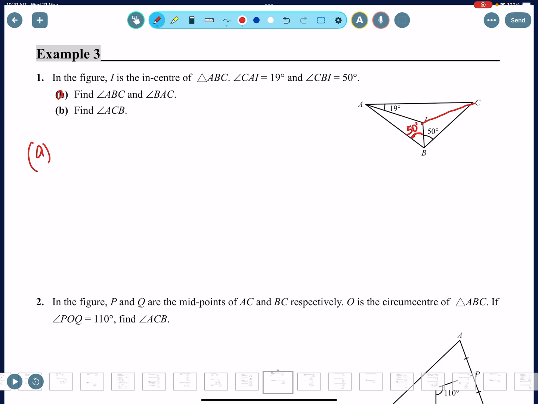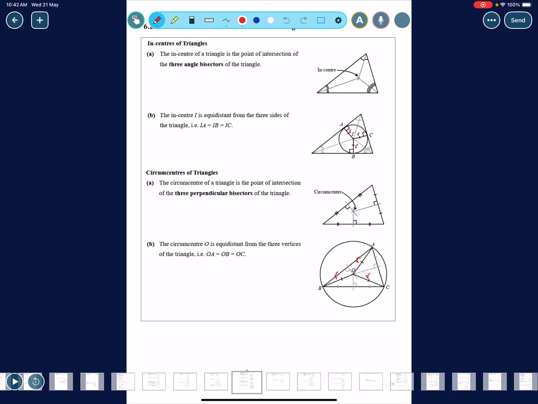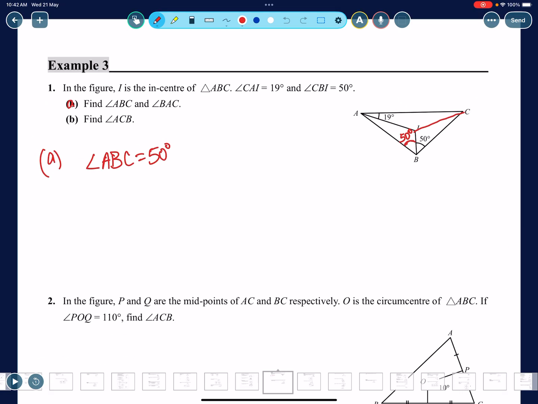So this is 50 degrees as well. Angle ABC is 50 degrees. Is there a reference? No reference. Angle BAC, same procedure, 19 degrees. Oh no, ABC is the whole thing, so times 2, 100 degrees. 19 degrees times 2, 38 degrees.